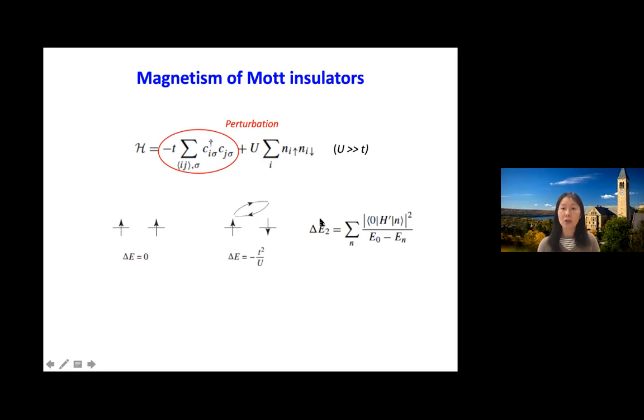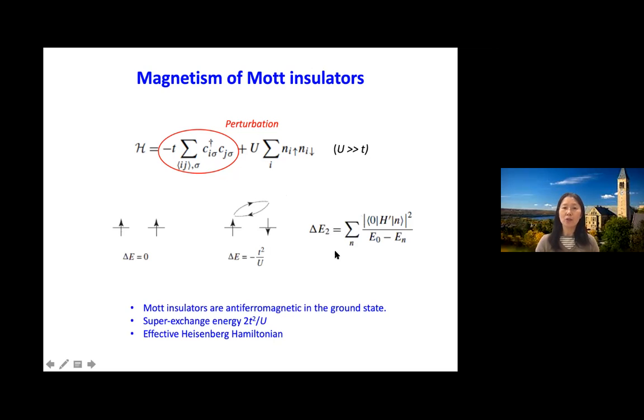And the energy you can estimate from perturbation theory gives you t squared over U. So Mott insulators in this simple model are antiferromagnetic in the ground state. And the energy scale is determined by superexchange, and it's proportional to t squared over U.